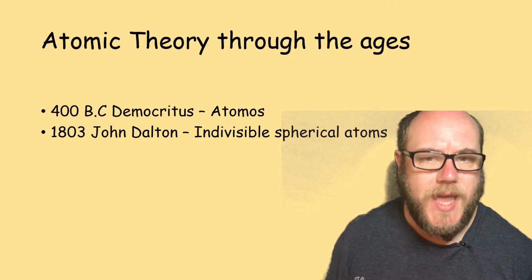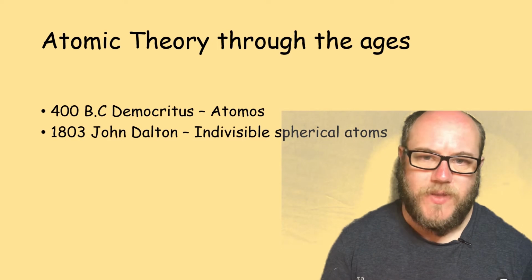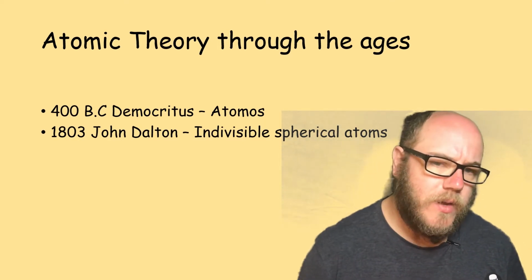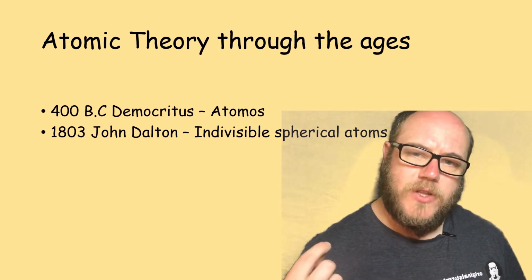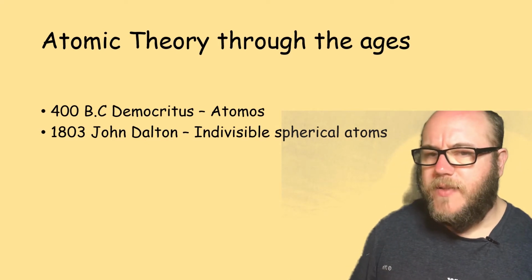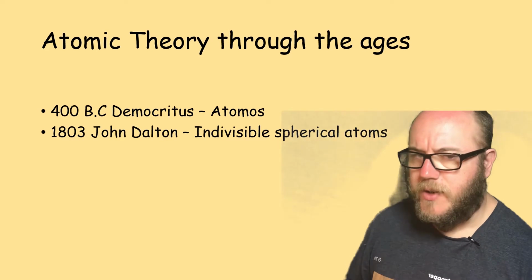And he did. What he did was he took water and he broke it down into its constituent parts. Now you may or may not know, hopefully you do, that water is made of 2 hydrogen atoms and 1 oxygen atom. Now in the 1800s, the 19th century, they didn't know this.